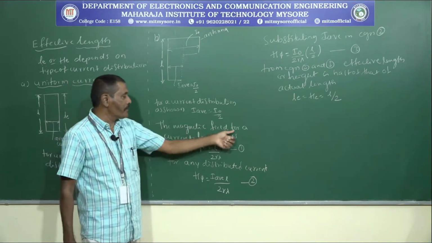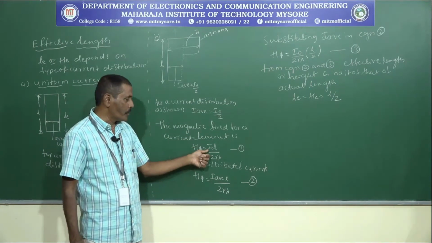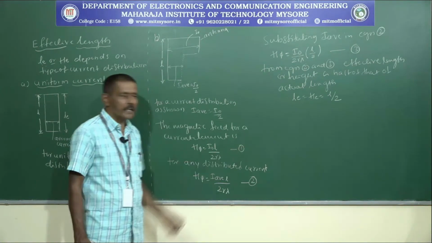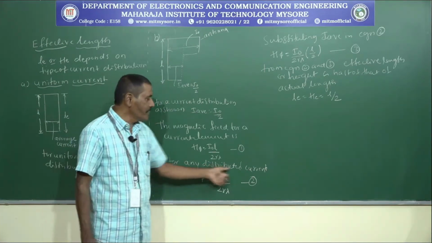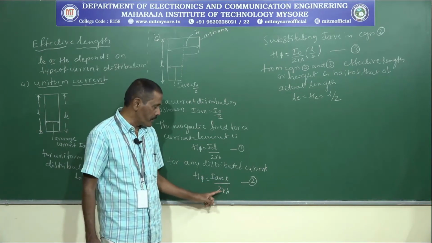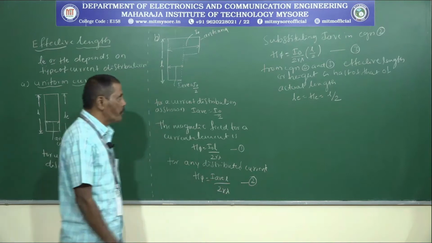Then the magnetic field for a current element is H phi equal to I0 into L divided by 2R lambda. Call it equation number 1. For any distributed current, H phi is equal to I average into L divided by 2R lambda. Call it equation number 2.